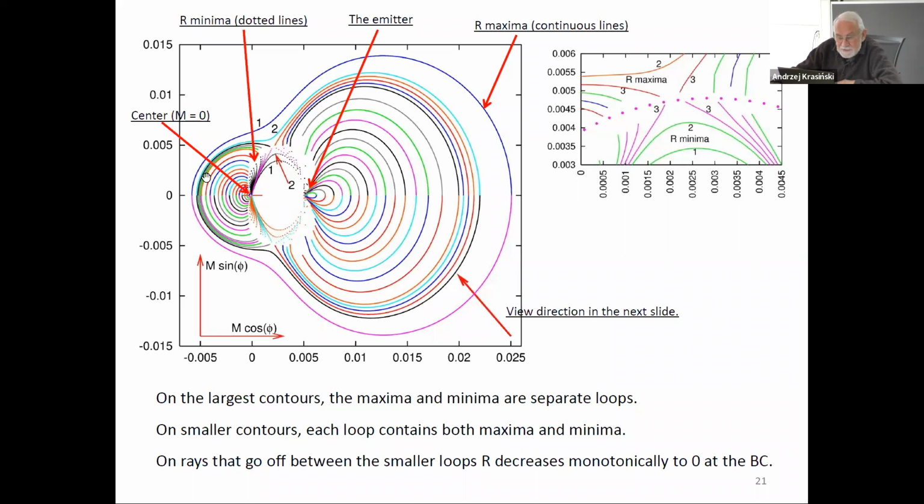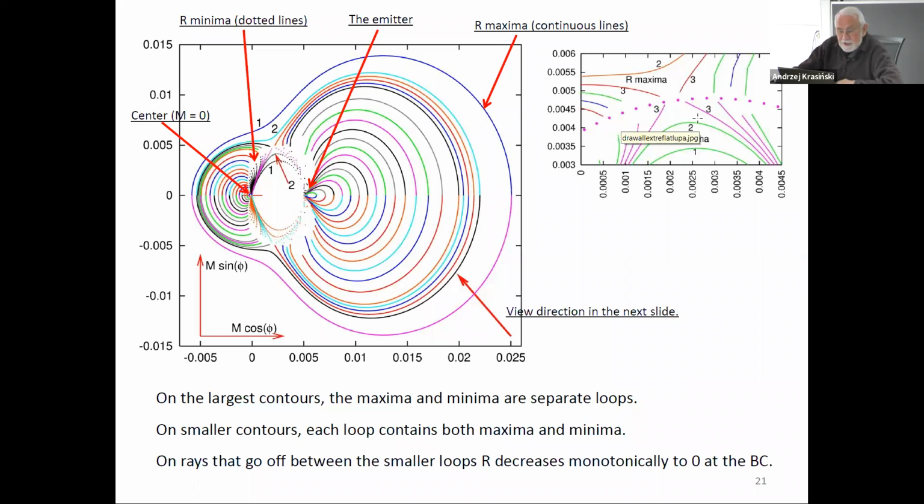And these contours undergo an interesting evolution as time progresses. Namely, for the earliest emitted bundle, the maxima and the minima, this ring number 1, are separate rings. But as the time progresses, these two contours come nearer to each other. This is contour number 2 of maxima and contour number 2 of minima. And at a certain time, they touch each other.